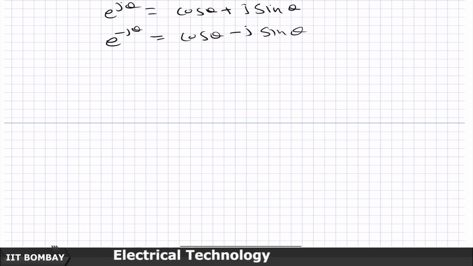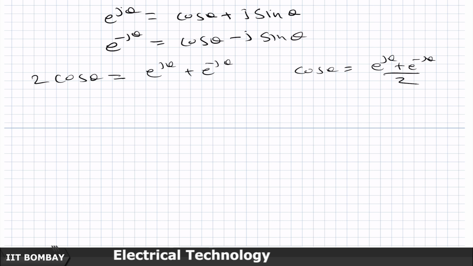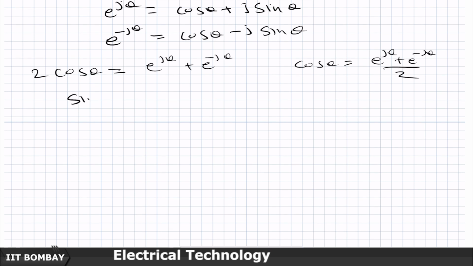So, therefore, this is cos theta minus j sin theta, and so, add the two, you will get 2 cos theta is e to the power j theta plus e to the power minus j theta, or cos theta is e to the power j theta plus e to the power minus j theta by 2. Similarly, sin theta you can show that it is e to the power j theta minus e to the power minus j theta by 2j.